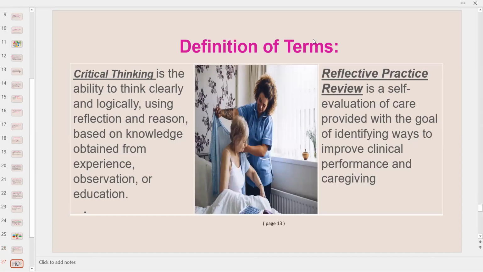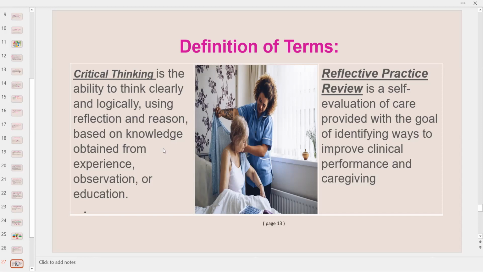So when a support worker provides care or assists a client, they always have to remember to use critical thinking prior to performing care or while performing care. Critical thinking is the ability to think clearly and logically using reflection and reason.